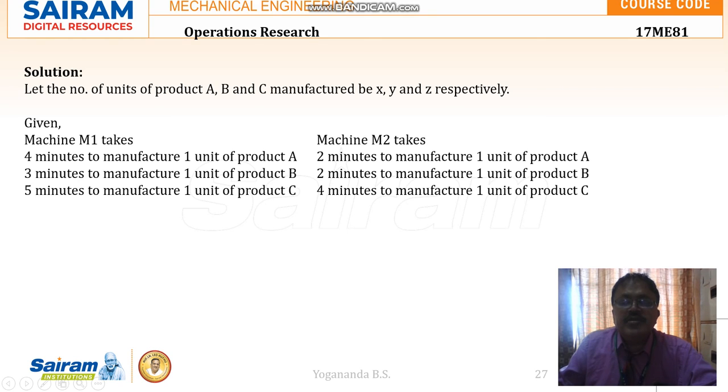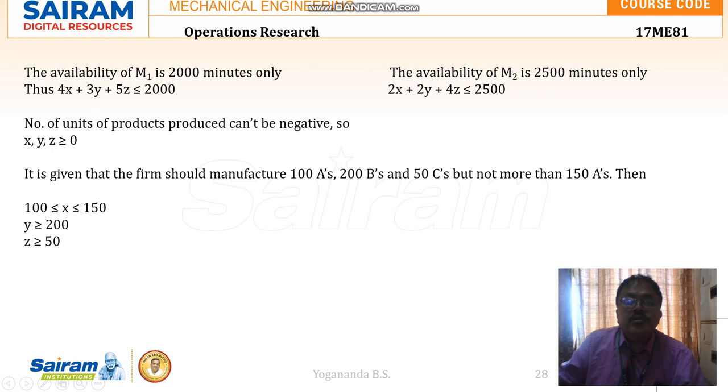For 1 unit of C, it is 4 minutes; for Z units, it is 4Z. So finally it is 2X plus 2Y plus 4Z, and that should not exceed 2500 minutes. So 2X plus 2Y plus 4Z is less than or equal to 2500.